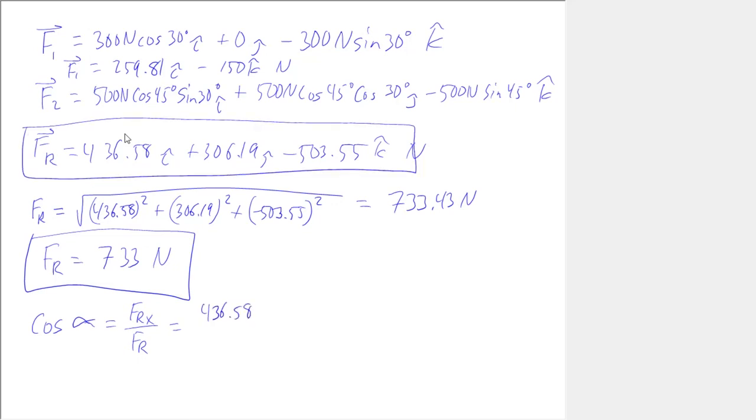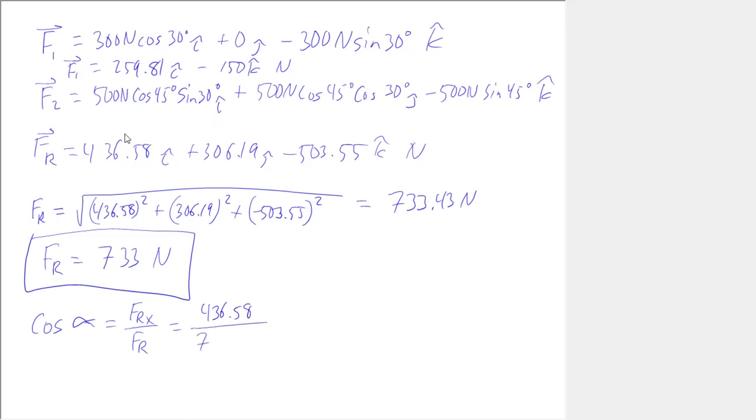That over its magnitude, which is 733.43, newtons over newtons. Newtons cancel out. The cosine of alpha is equal to that, so alpha is going to be equal to the inverse cosine of 436.58 over 733.43. Alpha equals 53.5 degrees.